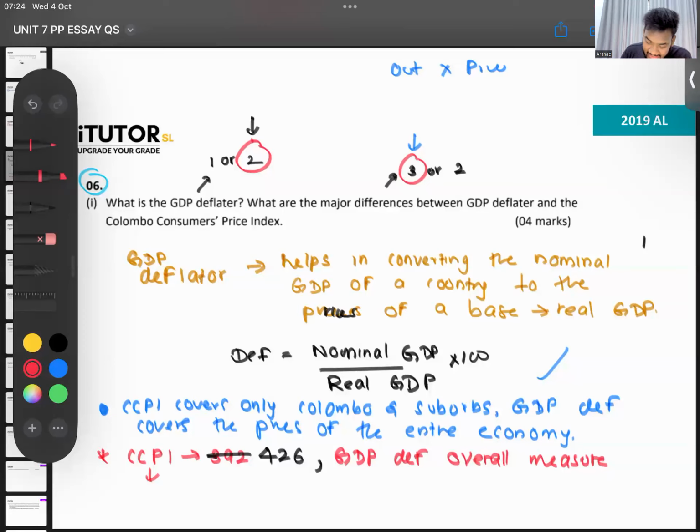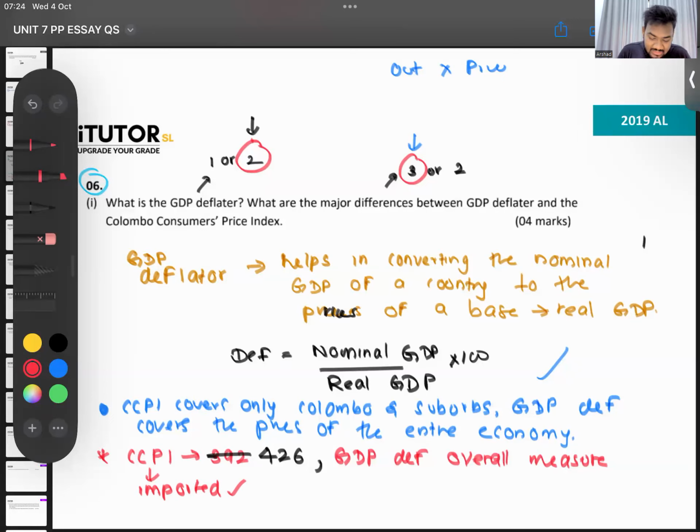So even imported goods can be included. The Colombo Consumer Price Index will even take into account imported goods, for example, all your fuel and everything. But that is good, because if you are really looking at inflation, something like fuel is a very big component.